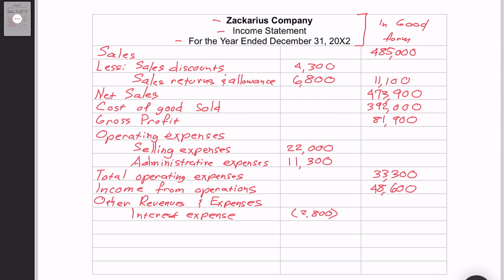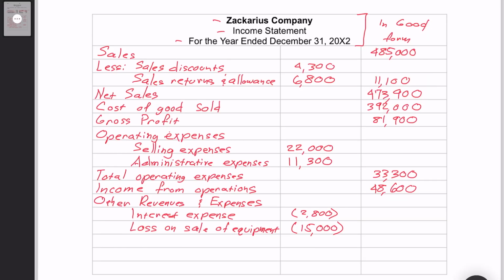The next one that I have is a loss on sale of equipment. Our loss was $15,000. And again, a loss would be a subtraction from our income, so it's inside of a parentheses. And lastly, we had rent revenue, which totaled $4,800. Revenue is in addition to our income, so we show it as a positive number.